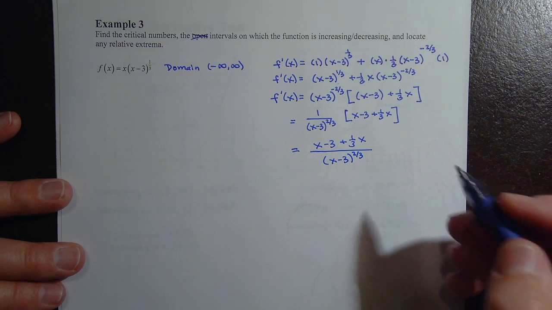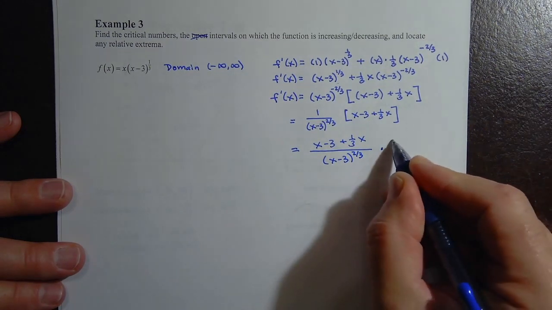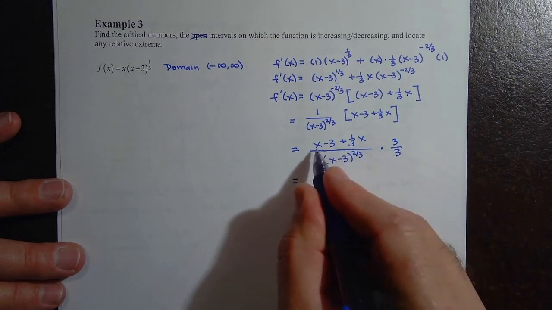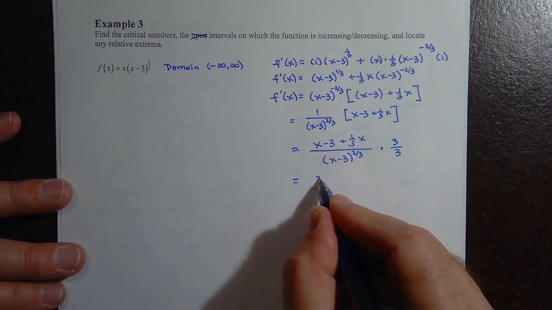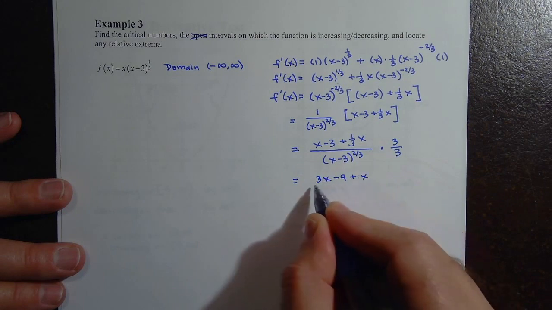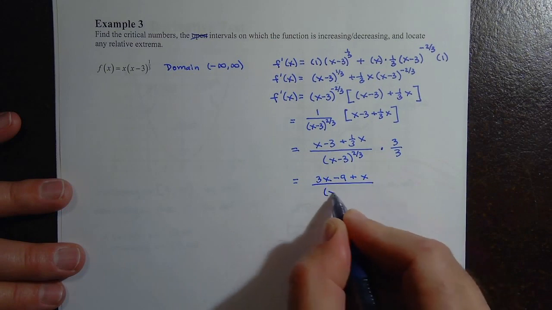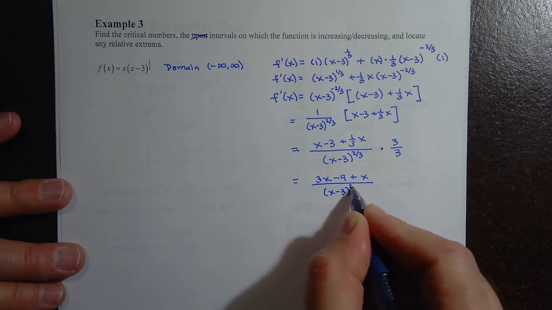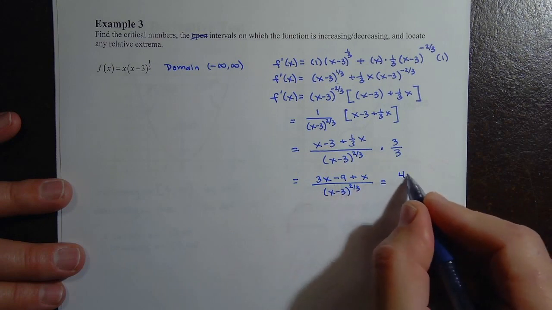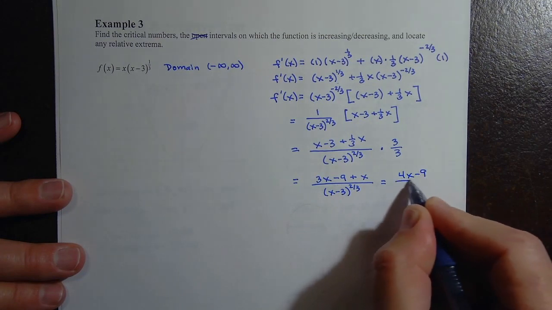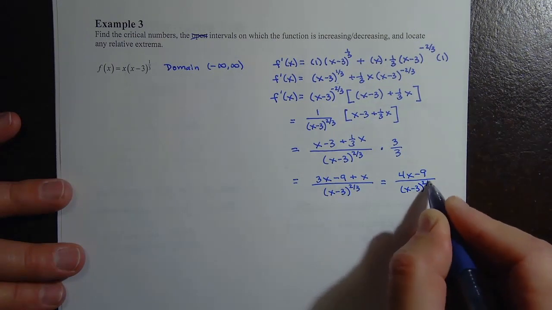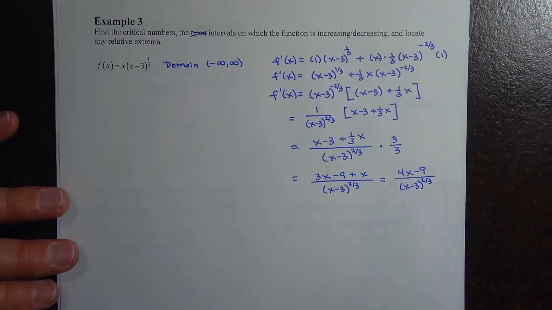Now we have a complex fraction, so I'm going to multiply by 3 over 3. We would be left with 3x minus 9 plus x over x minus 3 to the 2/3 power. So then this becomes 4x minus 9 over x minus 3 to the 2/3 power. That's my derivative right there.